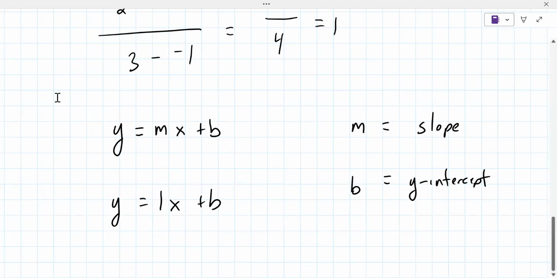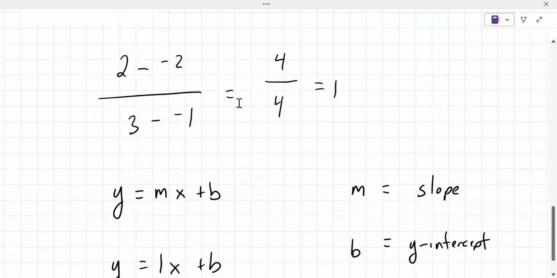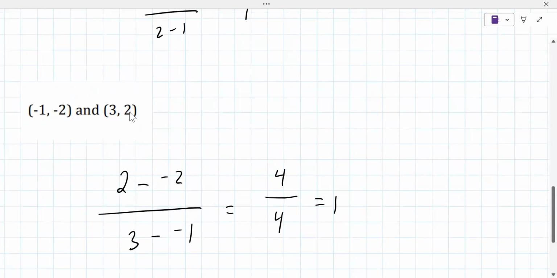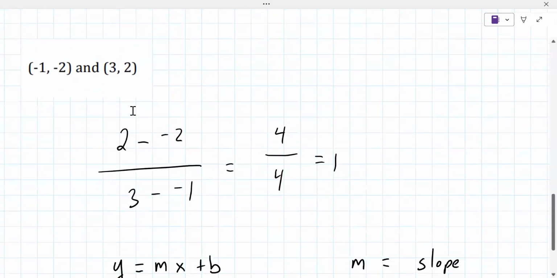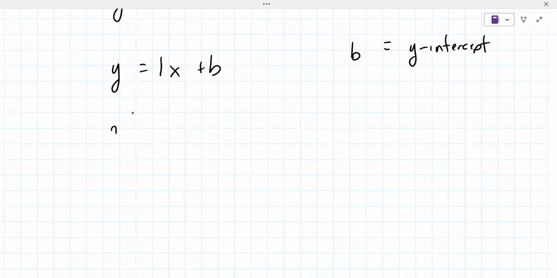So you actually go back to one of the points here, and you can choose either one, but usually you choose one that's nice. So nice to me is this one here, 3,2. So I would put the 2 in for y, 3 in for x plus b, and then solve it.